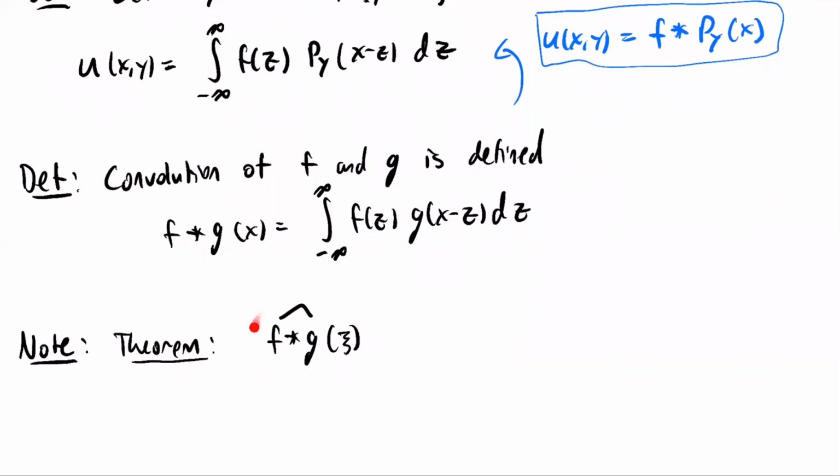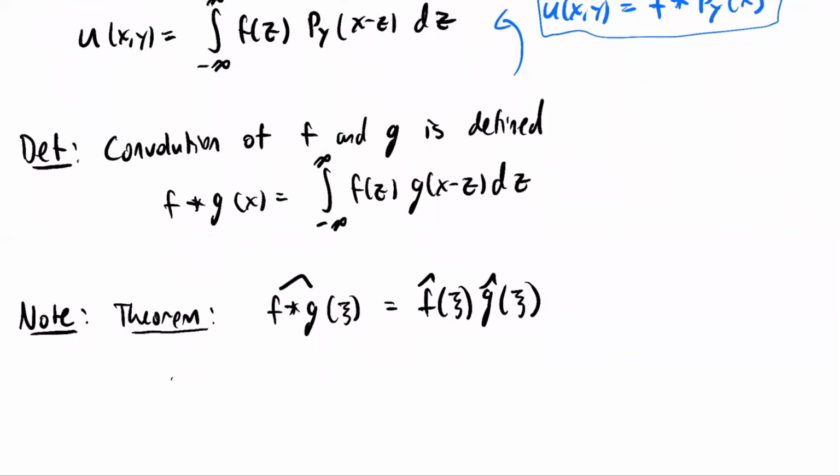And so what I'm saying here is, look at this function and take the Fourier transform of it as a function of x. The theorem is that this Fourier transform is equal to the transform of f times the transform of g. So the Fourier transform turns convolution into multiplication. This is one of the reasons why convolutions show up so much when you're working with Fourier transforms.